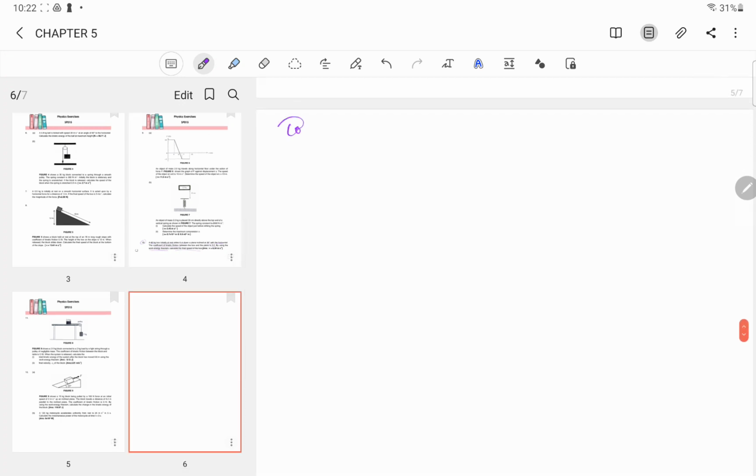Alright, so we have number 10. The mass of the box is 60 kg, initially at rest, sliding down the inclined plane which is 5 meters long at 35 degrees. Let's draw it. This one is 35 degrees. We choose our box.